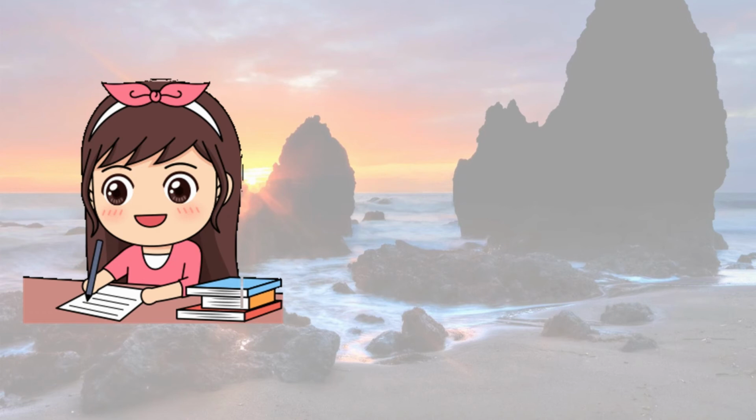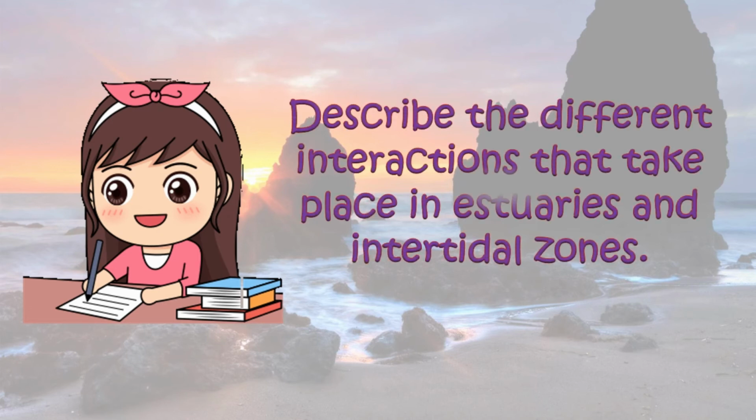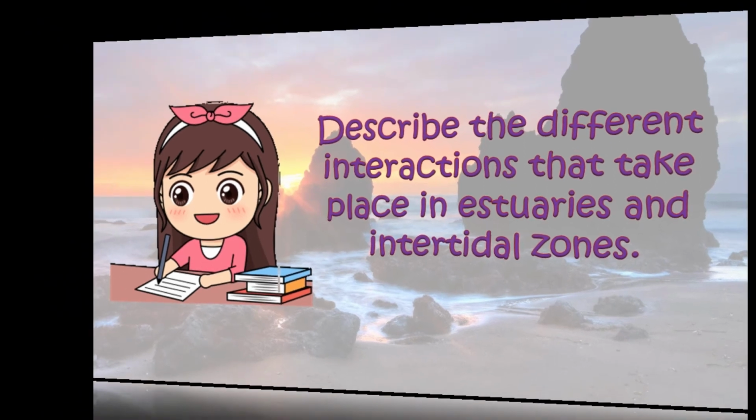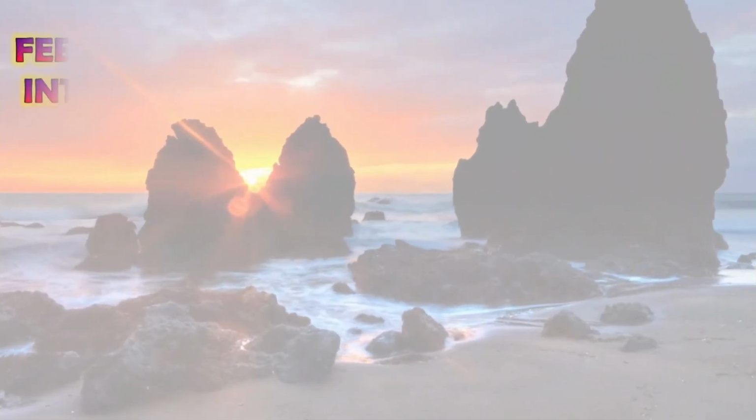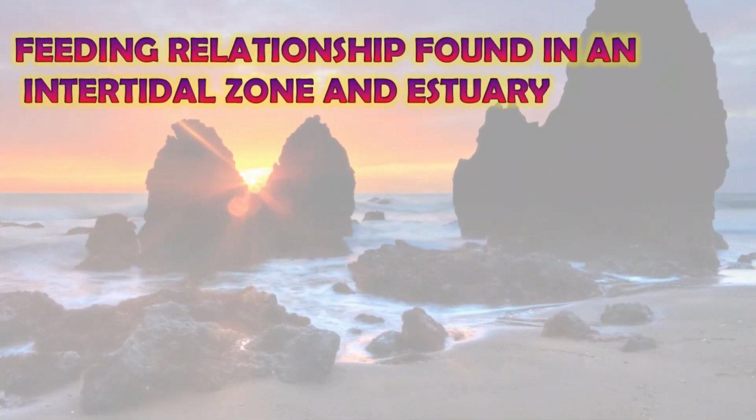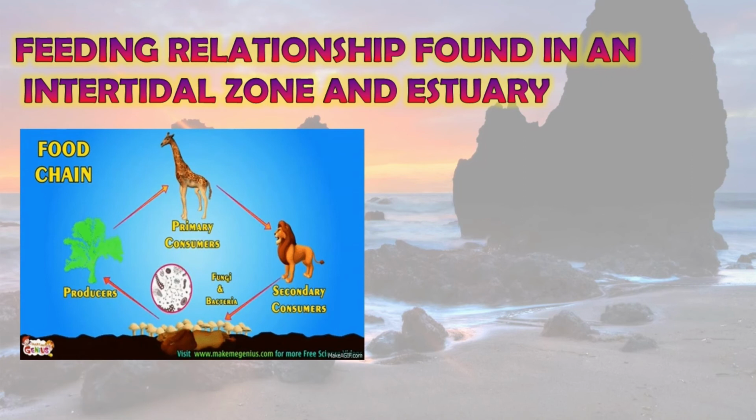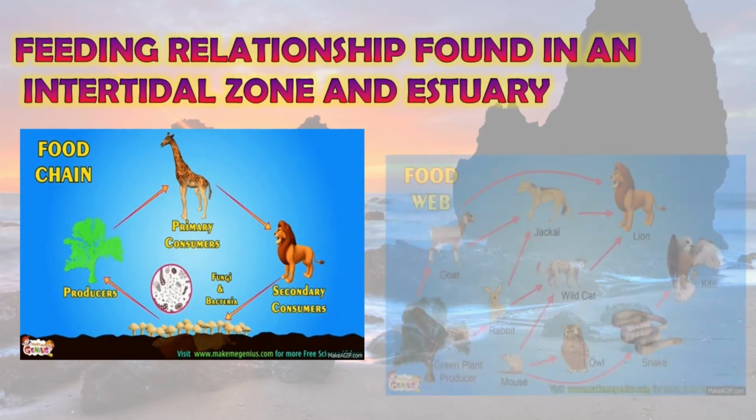This time, let us describe the different interactions that take place in estuaries and intertidal zones. The two feeding relationships found in an intertidal zone and estuary are the food chain and the food web.